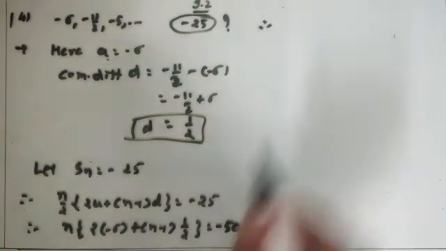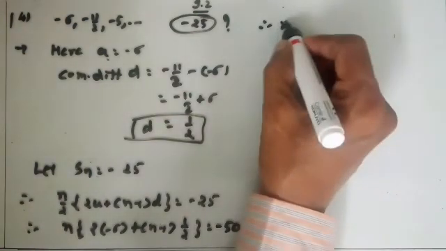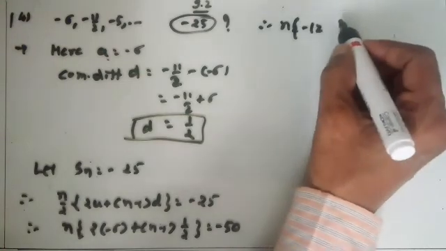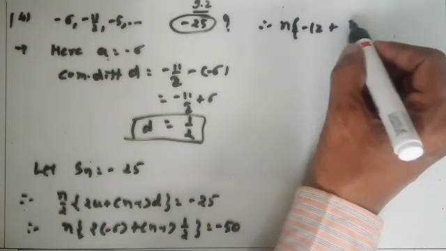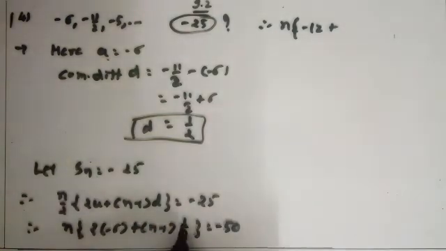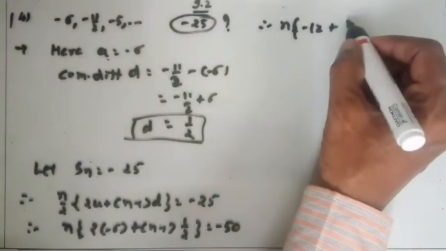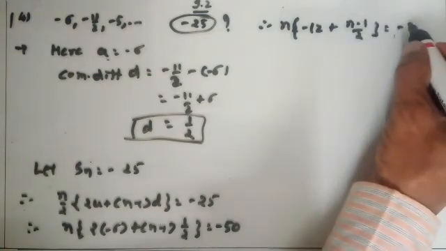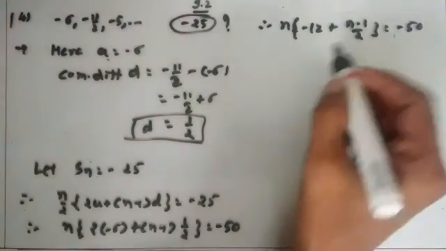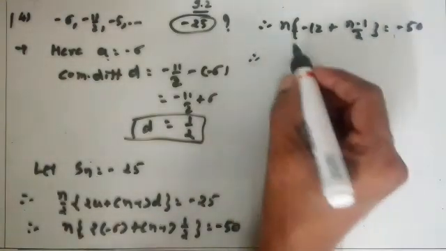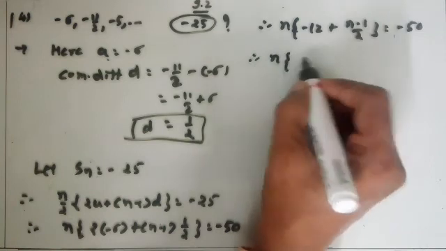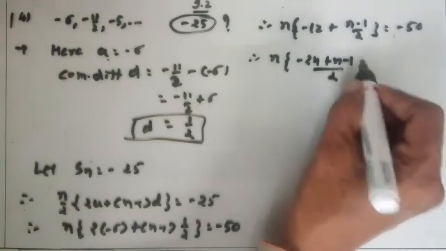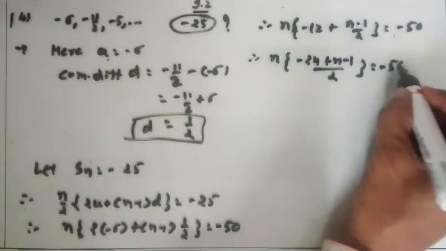Clear? Therefore now simplification, n into minus 12 plus n minus 1 into 1 by 2, that is n minus 1 upon 2, is equal to minus 50. Now to take LCM, therefore we get n into minus 24 plus n minus 1 upon 2 is equal to minus 50.